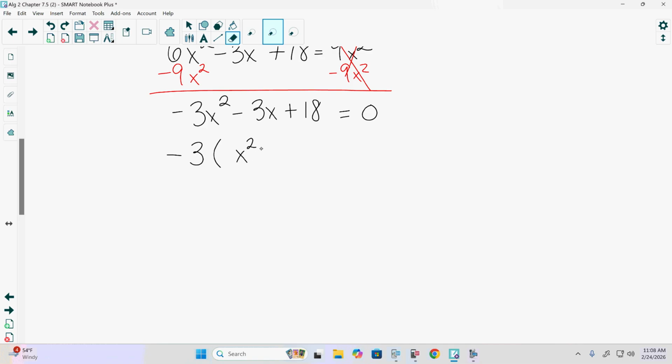And since I'm factoring the negative out, it's going to turn it from negative to positive. Our negative 3x, factoring the negative is going to make it positive. We're going to factor the 3 out completely and leave us with x. Now with the 18, we'll take care of the sign first, because since it's positive, I pull a negative out. It's going to go to negative, and 18 divided by 3 is 6.